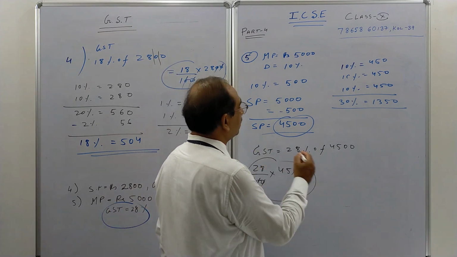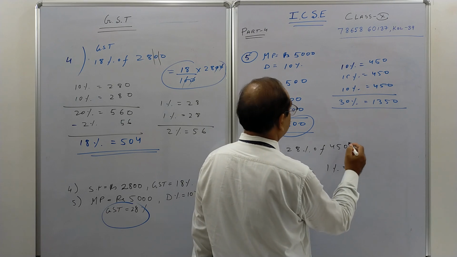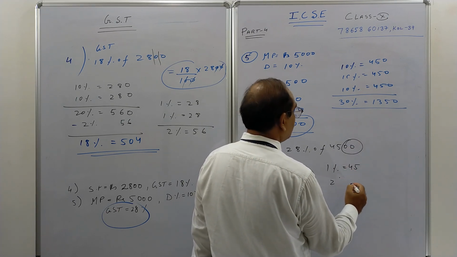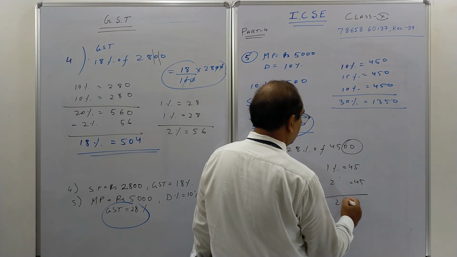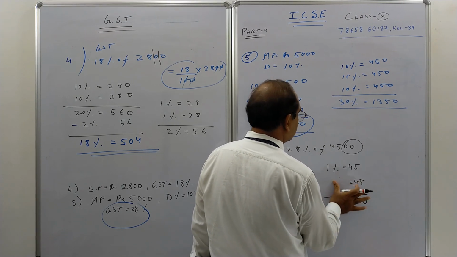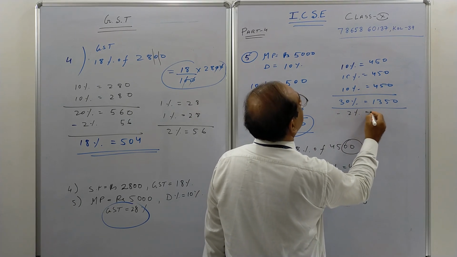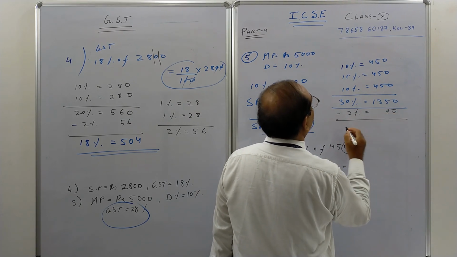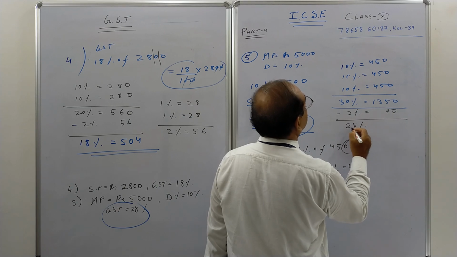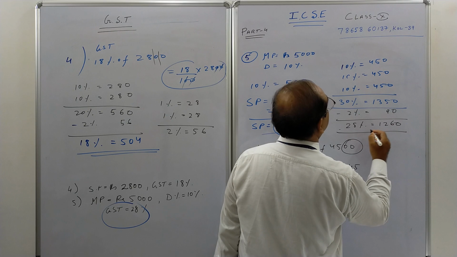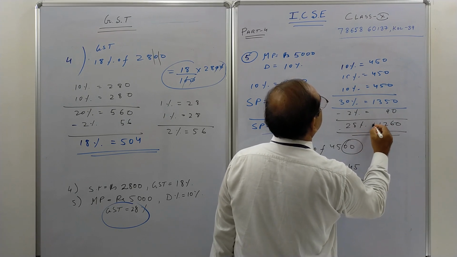Then how to get 2%? 1% is 45, another 1% is 45, so 2% is 90. So I have to subtract 2%, children. So 28% will be 1,260. You can put rupees if it is there.